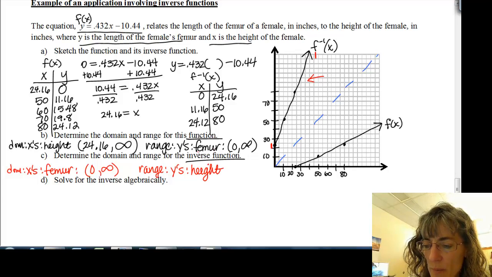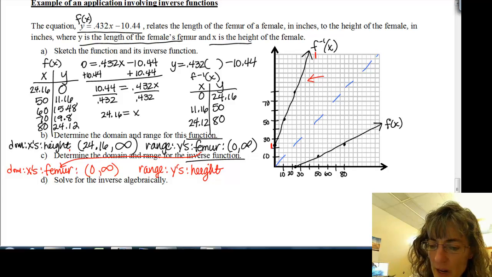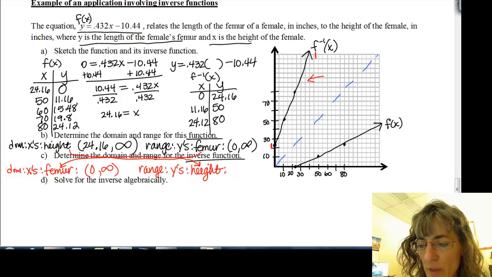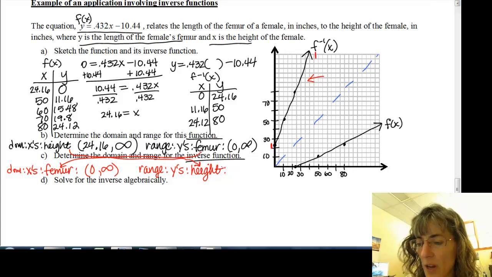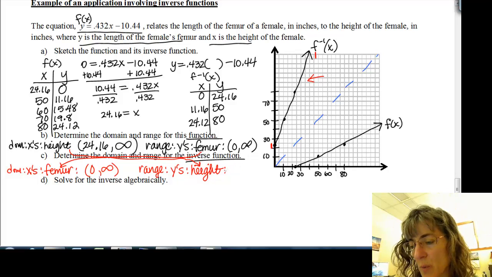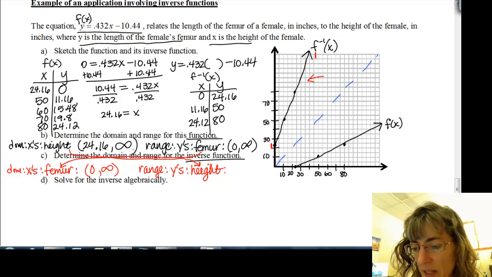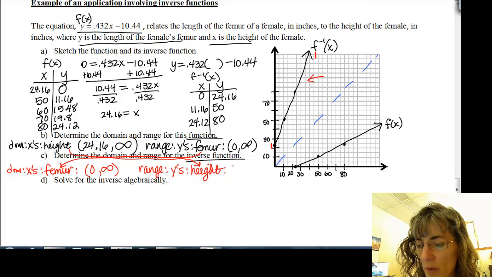So that would be the height. So we just swapped them. Femur went here, height went there. Okay, so we swapped those just like we swapped the two columns, just like we swapped the two elements in an ordered pair. So when we're finding the inverse, we're swapping. And then we look at the height.